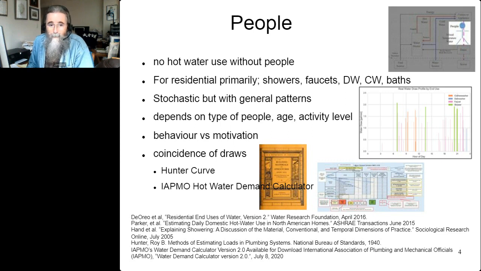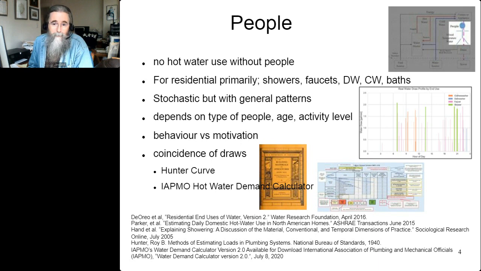As I said, there's no hot water use without people. In residential use, it's primarily showers and faucets. Dishwashers and clothes washers, especially the more recent ones that are built under recent efficiency standards, use surprisingly little. And baths, an individual bath uses a lot, but there's surprisingly few baths in the field data.